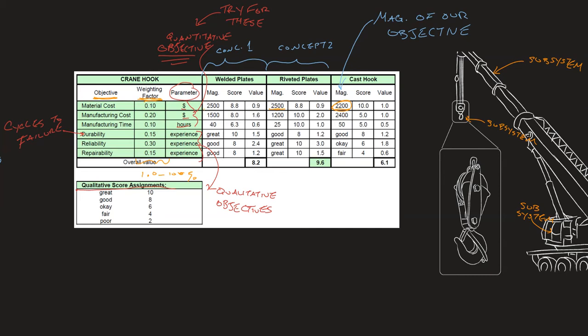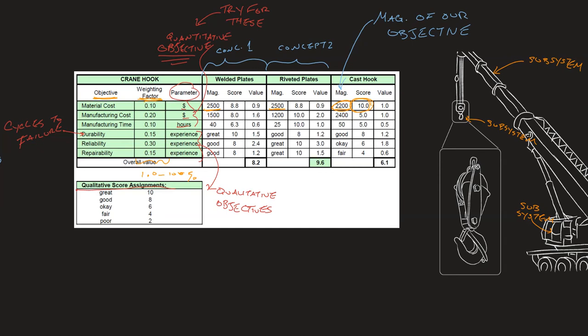The other two are $2,500 each. So when we see that we have our best option here, $2,200 is lower than my other two scores, which are both at $2,500, it now received a score of 10. It is my lowest cost option, so it gets my highest score possible, which is a score of 10.